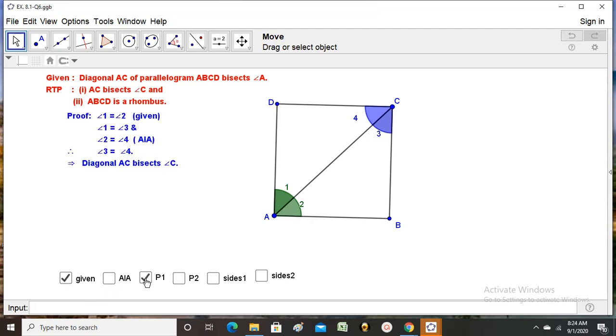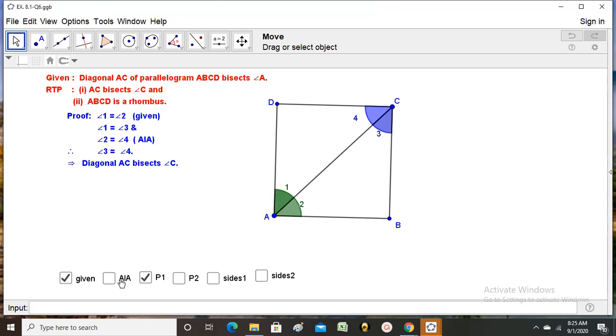Now, let's go for the proof here. Proof, part 1. Angle 1 equal to angle 2, and angle 1 and 2 are equal because it is given that the diagonal AC is bisecting this angle A. So these two angles are equal. See, I marked with a little color difference. Though both are green, this is dark, this is light.